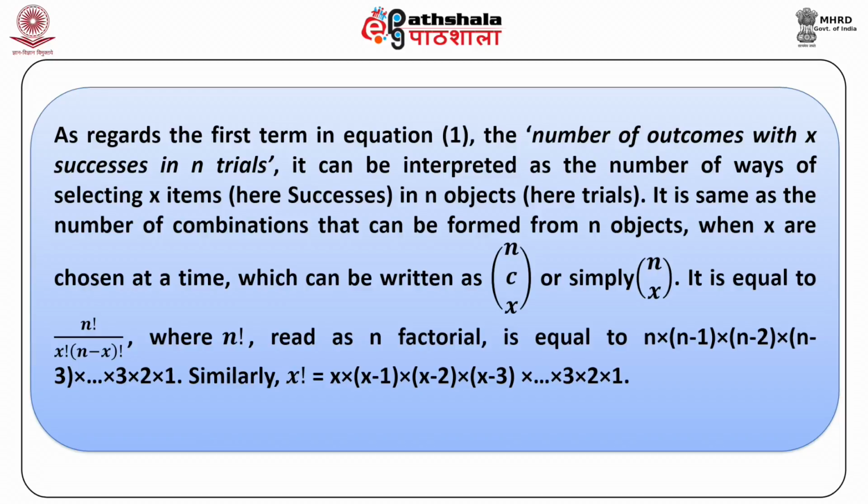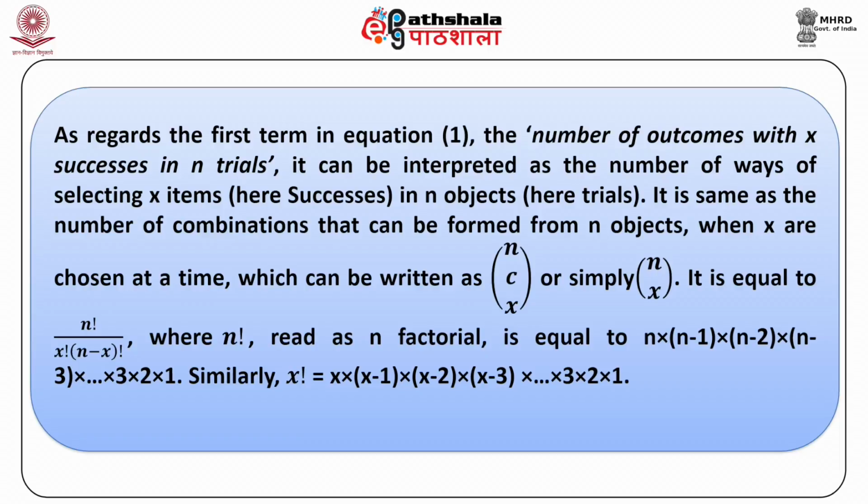Now it is equal to, I am sure you know, nCx equals n factorial upon x factorial into n minus x factorial, where n factorial is equal to n into n minus 1 into n minus 2, and so on up to 1. Similarly, x factorial is equal to x into x minus 1 into x minus 2 into x minus 3, and so on up to 1.